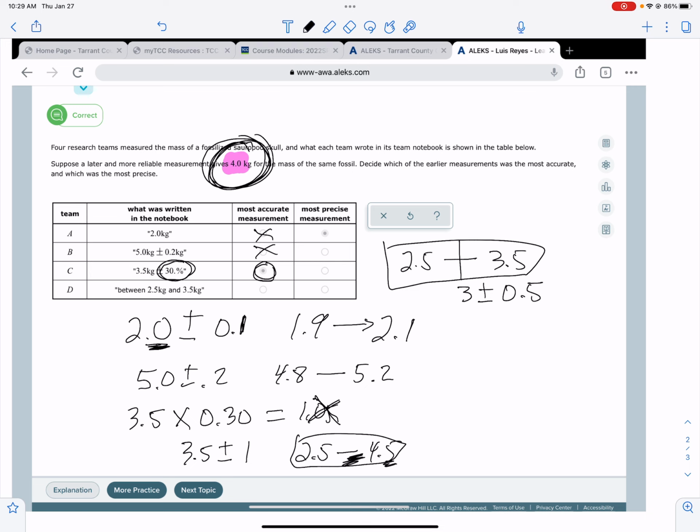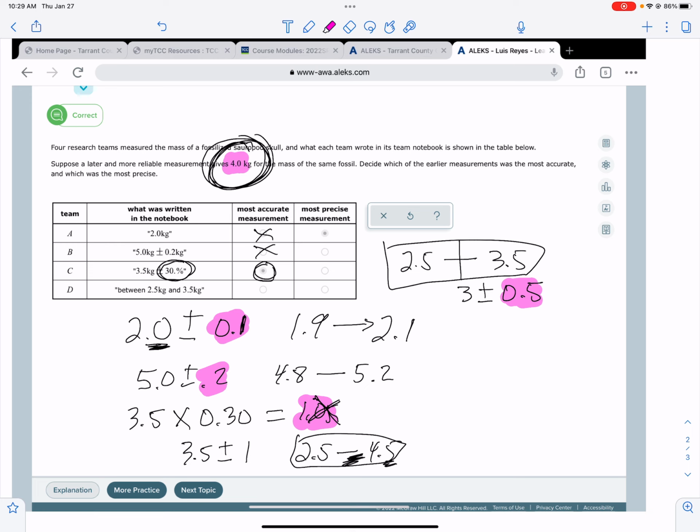What about the precision? Well, we have a lot of the numbers here. The first one is 0.1. The second one is 0.2. The third one is 1.05. And the last one was 0.5.